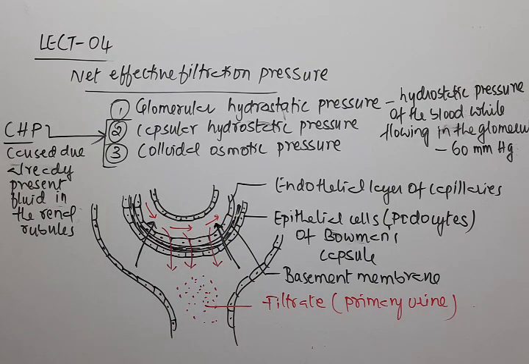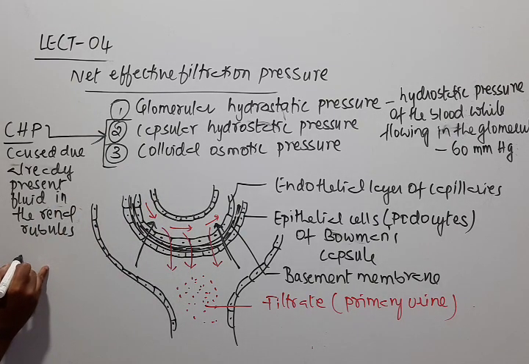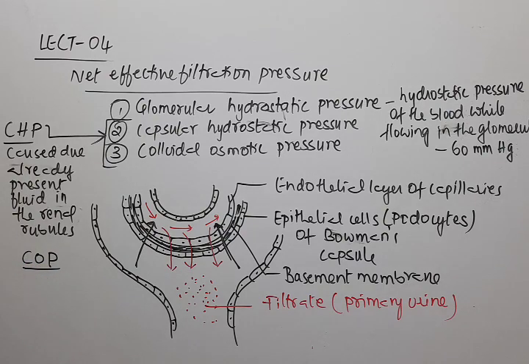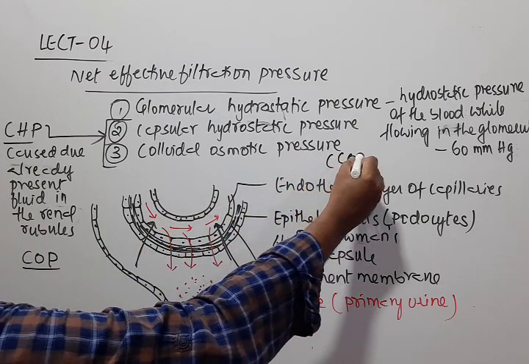And coming to the colloidal osmotic pressure. This colloidal osmotic pressure is developed in the glomerular capillaries due to the presence of plasma proteins and other solutes. I'll write it with the short form COP.